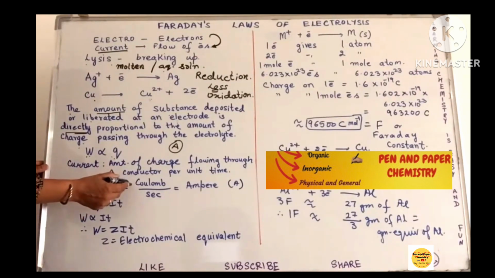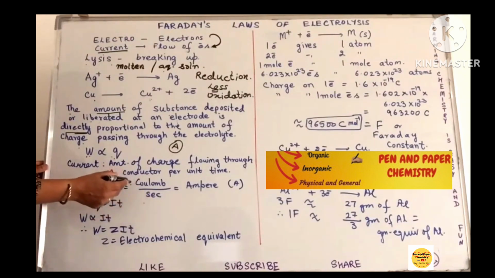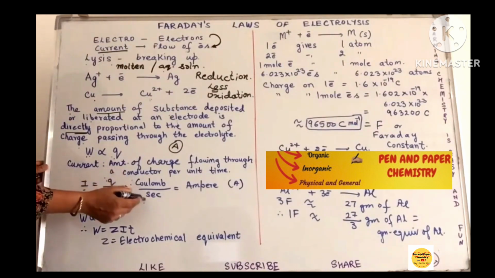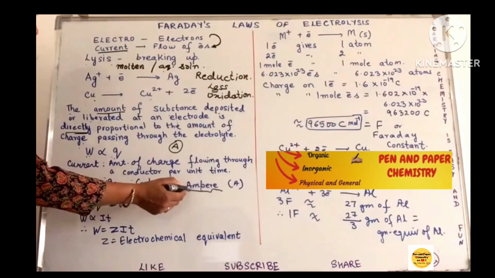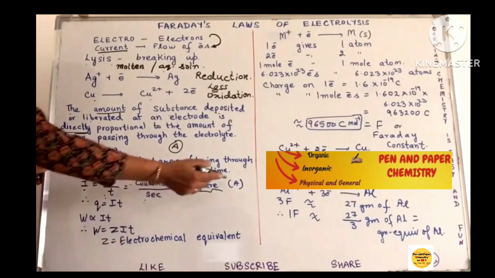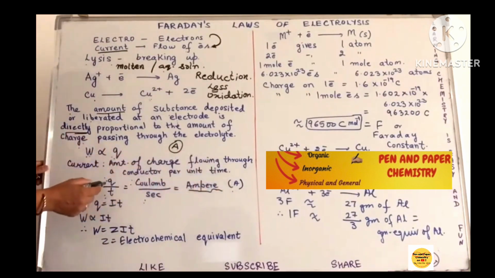The unit for charge is coulomb, the unit for time is seconds. So the unit of current becomes coulomb per second, more commonly known as ampere, represented by capital A. So we simplify the formula, Q equals I into T.